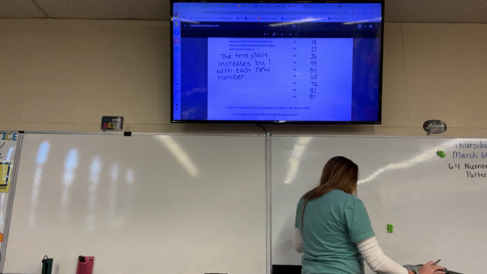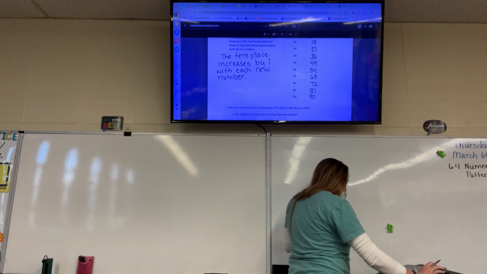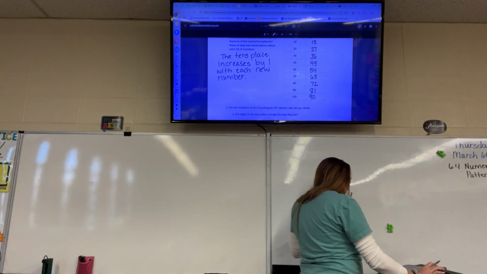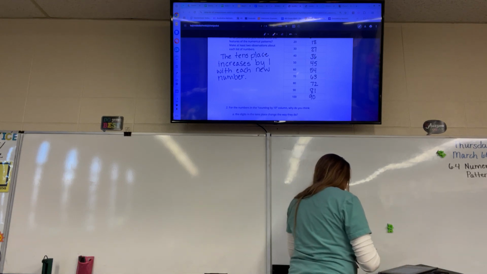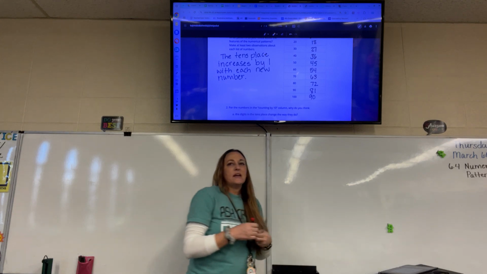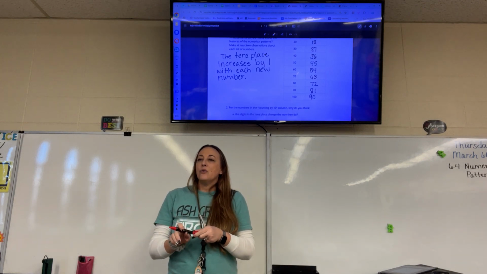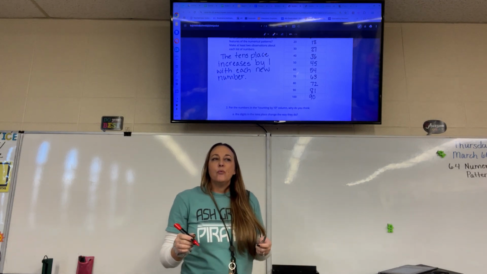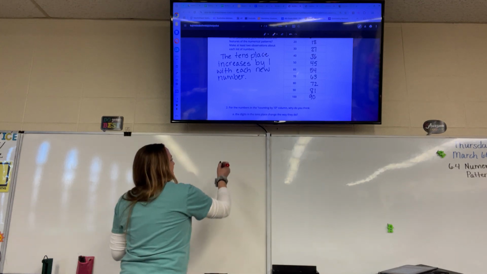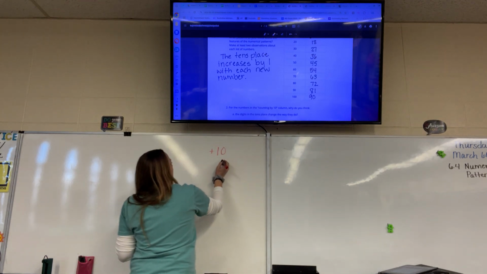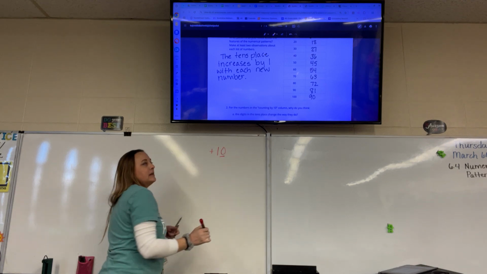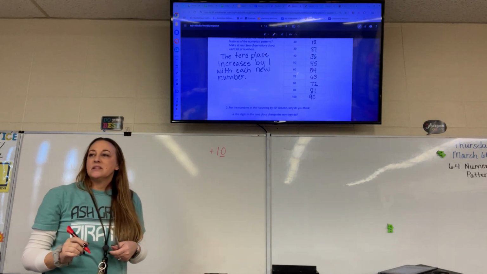For the numbers in the counting by 10 column, why do you think the digits in the tens place change the way they do? We're going to take a good look at what happens when we add 10 to a number. So if we're adding 10, what digit is in the ones place? 0.